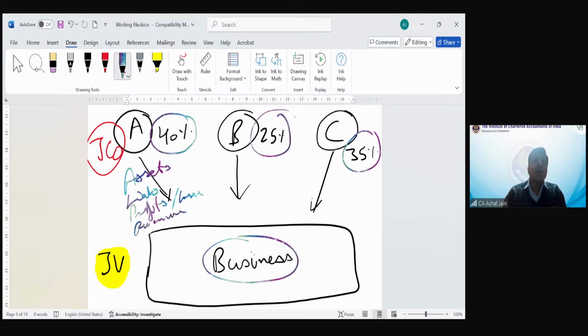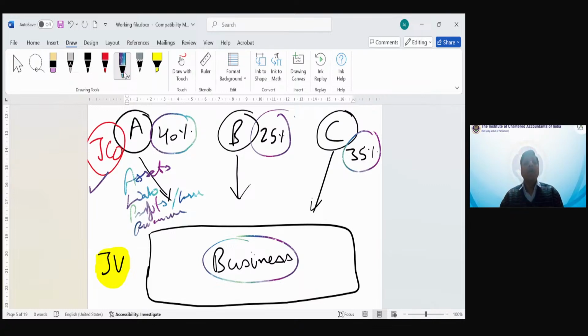Now this is what you call a JCO. And because a proportionate share has been recorded by each investor in their own books, do they need to add that once again for preparation of CFS?